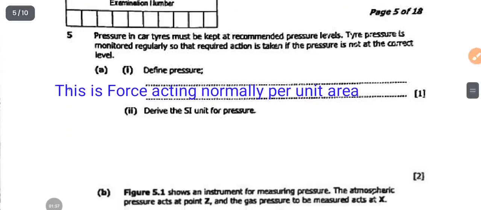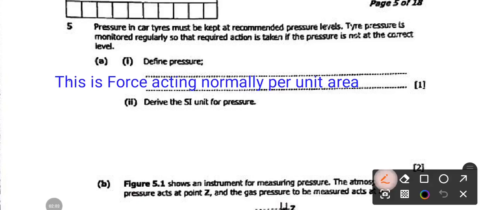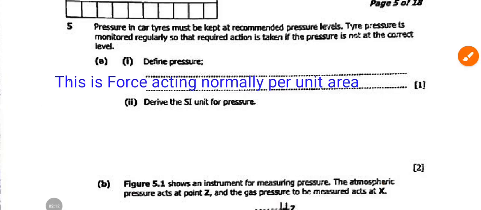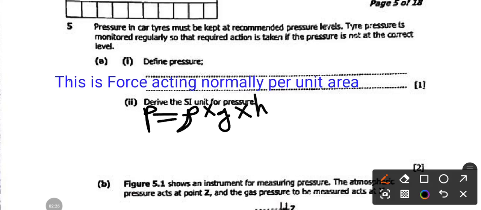Then question A2. Derive the SI unit for pressure. Remember, the SI unit for pressure is basically newton per meter squared. So these are the units that the examiner wants us to derive. Remember this formula that says pressure is equal to density times gravity times h.